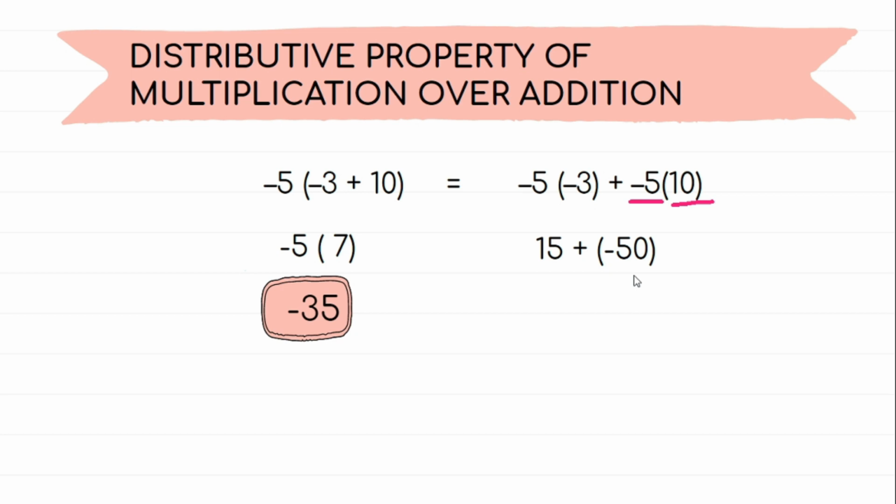So, 15 plus negative 50, gaya ng rule natin, different sign, pag pinag-add mo, kailangan mo silang isubtract ang absolute value. So, the answer is 35, and then, mas malaki si 50, so negative 35. So, that is distributive property of multiplication over addition. So, yun yung topic natin for this day.